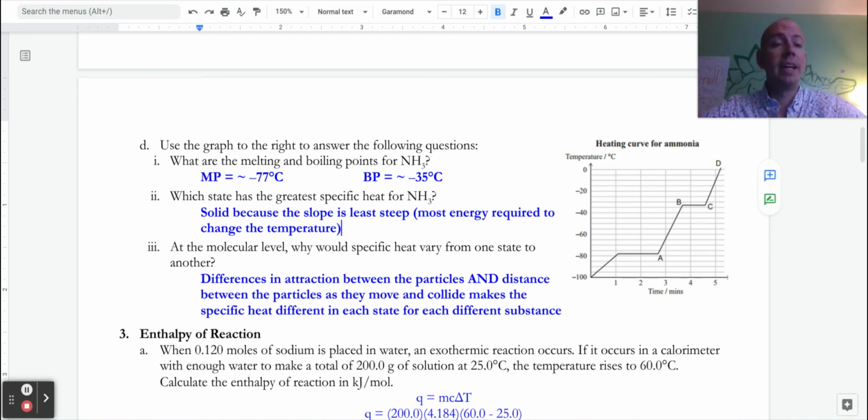So as we're heating it up, they're already moving fast, but it is difficult to transfer heat or transfer kinetic energy and speed from one particle to the next. But it's all about strength of attractions and distance between particles, because when we are looking at changes in temperature, we are looking at changes in average kinetic energy between our molecules.